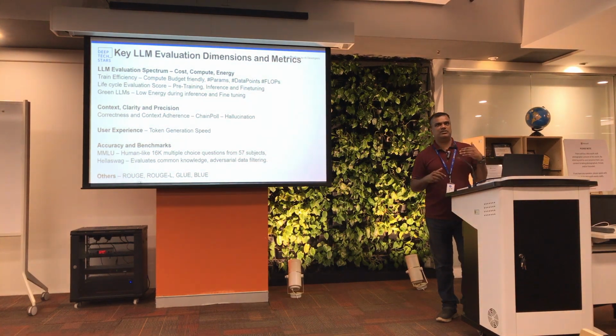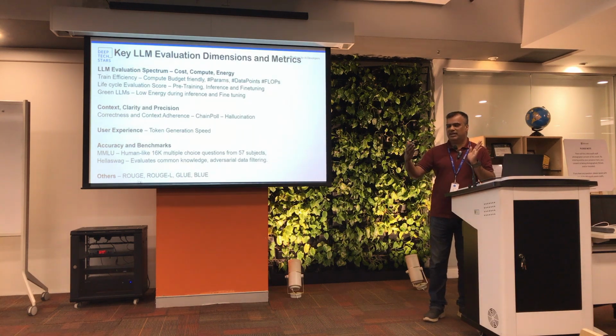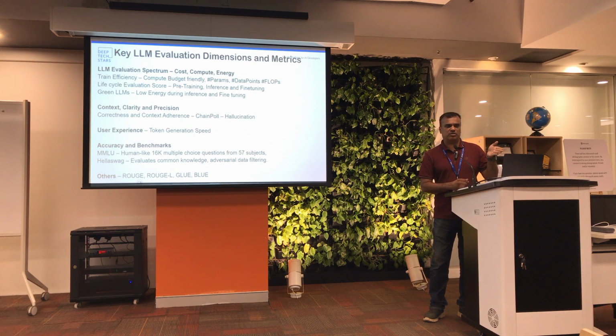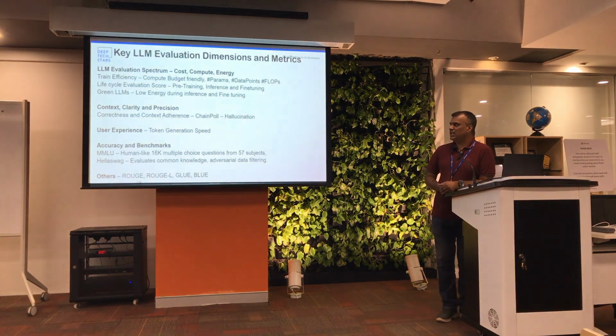The evaluation is like a life cycle, right? So how is our LLM evaluated during the training process, during the inference process, and during the fine tuning process? How easy or how difficult, how complex is it?